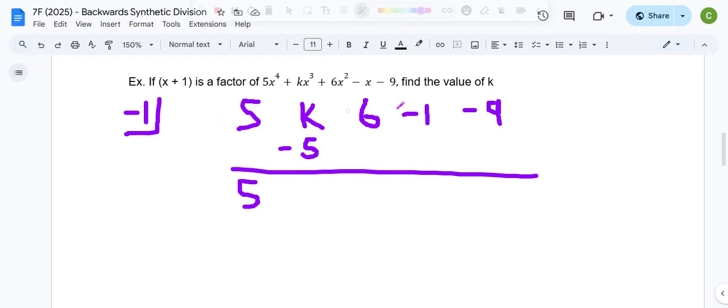Okay, but we know we can set the remainder equal to 0, and these things add. So negative 9 plus 9 would be 0. Okay, we do 9 divided by negative 1, which will give us negative 9 here.